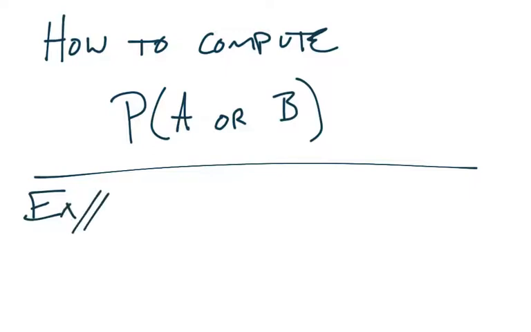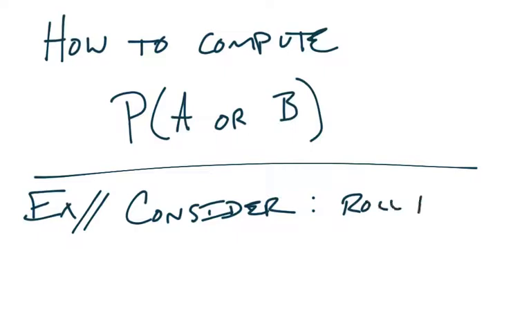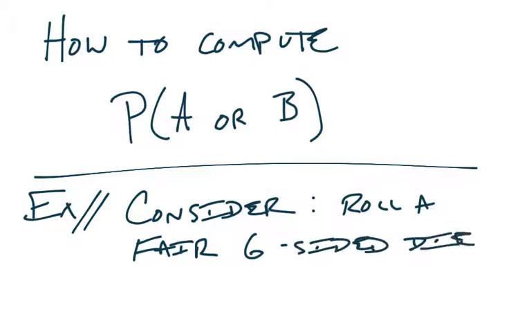All right, so let's consider the following scenario. We are going to roll a fair six-sided die. And we are going to flip a fair coin.